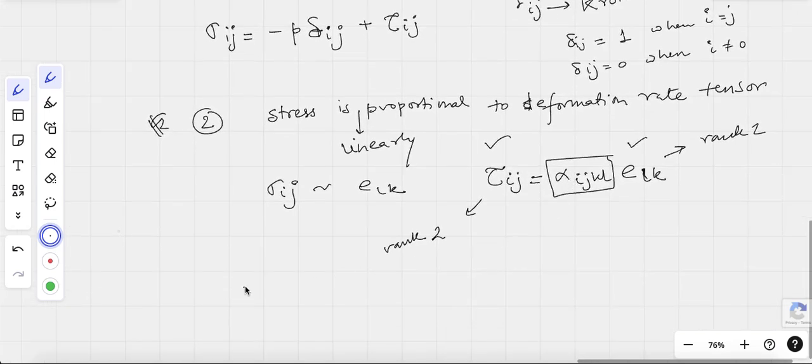Now what is this deformation rate tensor?